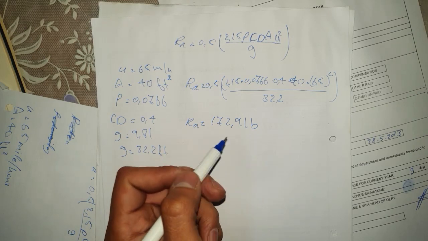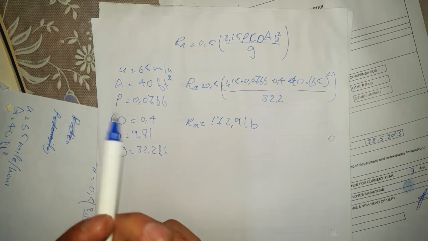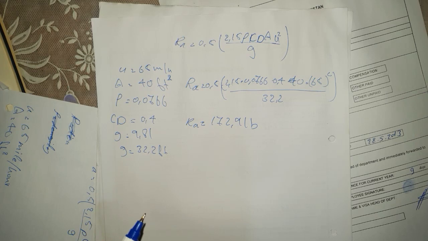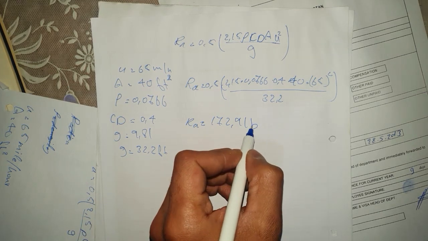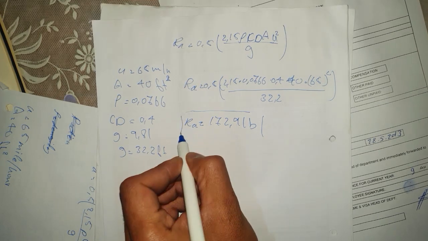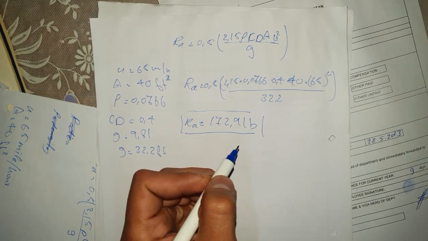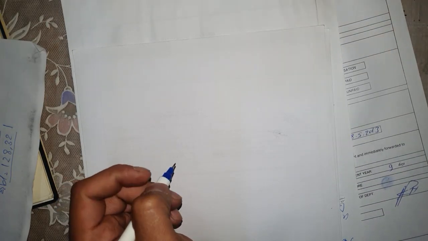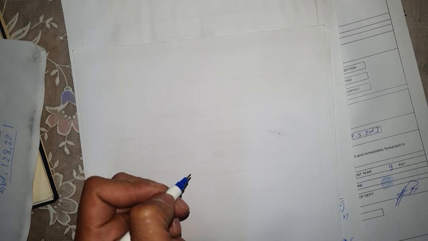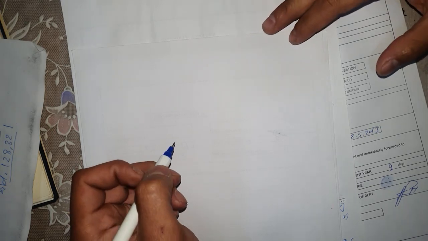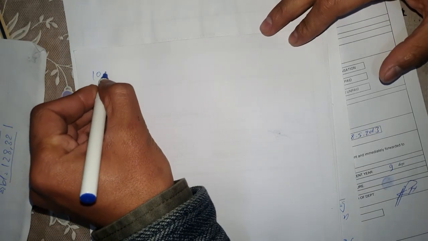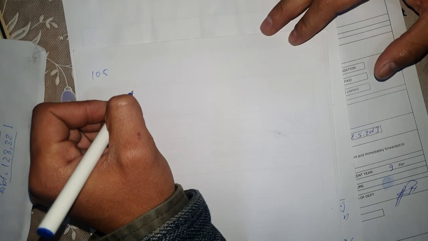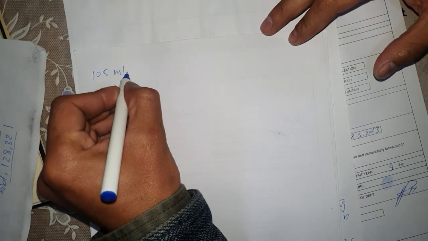As I said, air resistance is a kind of force that aerodynamically acts on objects, so it is measured in lb or Newtons. So here's another example. Suppose this time we have a truck going with a speed of 105 miles per hour.